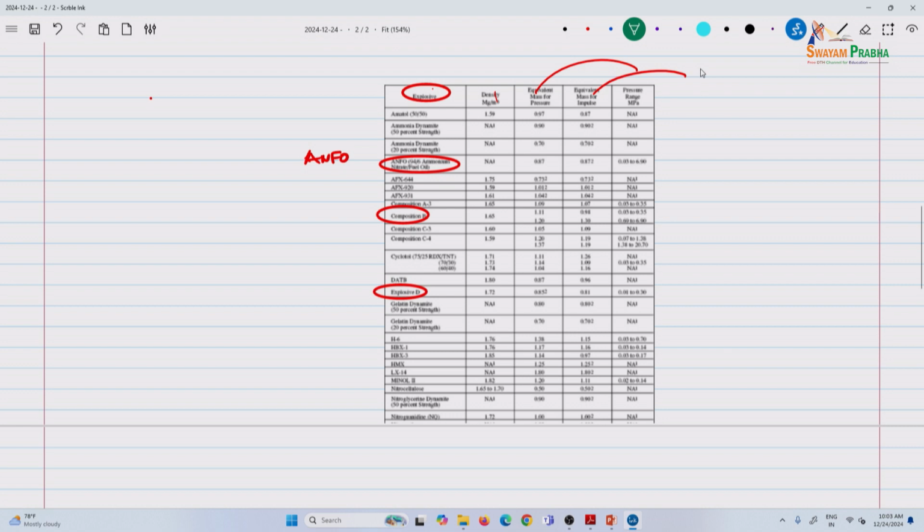Some documents do have single equivalencies, but then you have an equivalency based on two metrics. One is pressure equivalence.